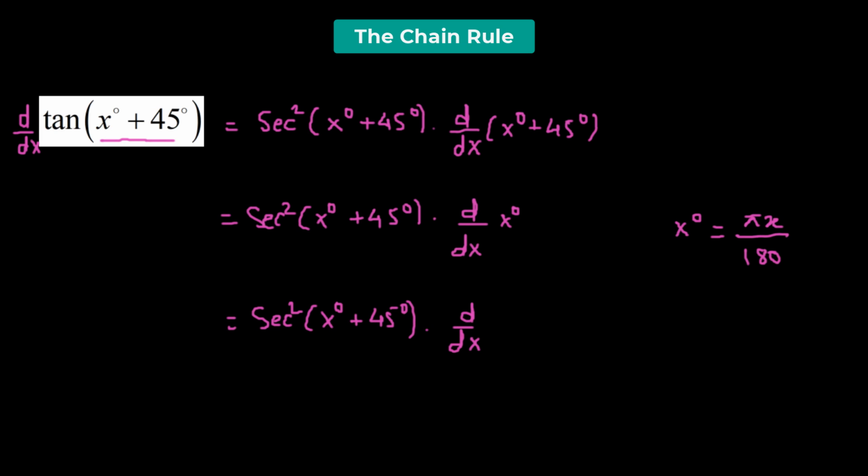So pi over 180 being a constant, we can pull it out of the derivative and write it in front of the function secant squared x. So we have the derivative of x, which is 1. So the final answer is pi over 180 times secant squared x degrees plus 45 degrees. So that is the derivative of the given function.